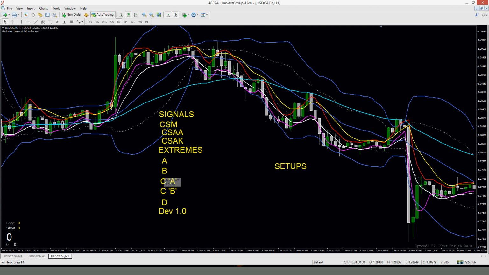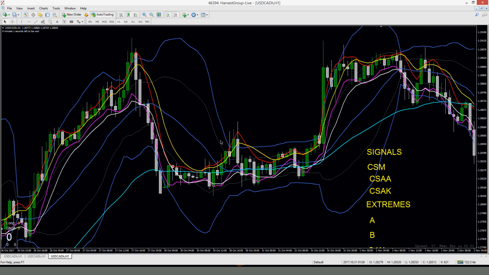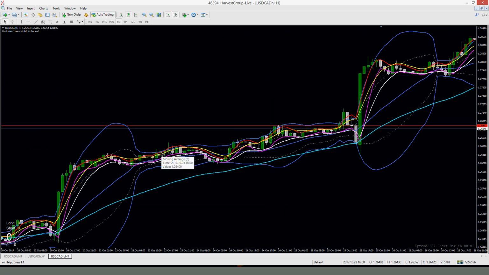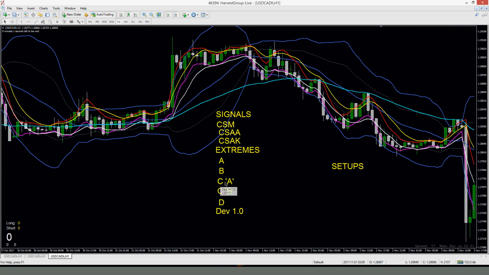Okay, and extreme B. Extreme B is obviously whenever the Bollinger Band is, let me find a sideways Bollinger Band. Whenever the Bollinger Band is sideways, whenever the candle rejects or breaks top or low BB, this is extreme B. Okay. Next one, extreme CA.